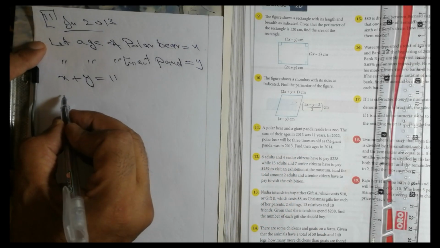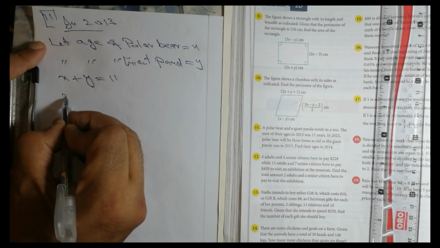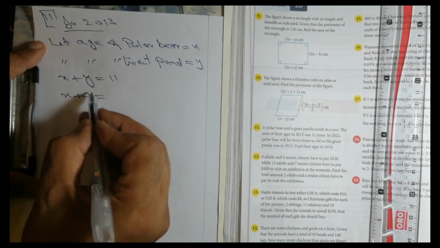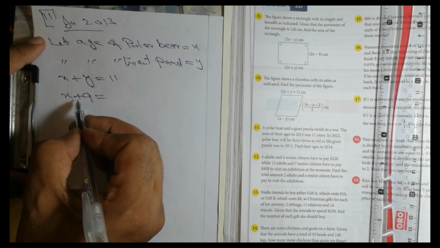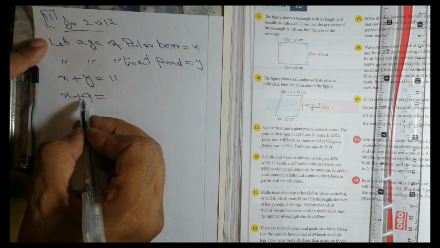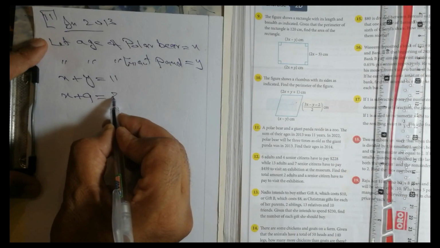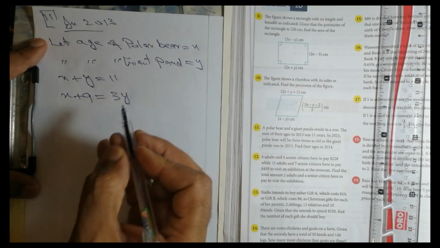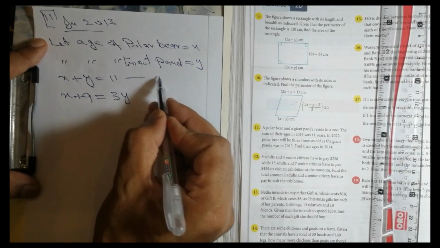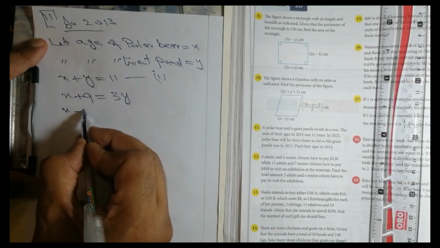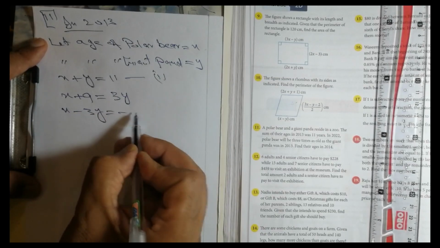So after 9 years means x plus 9, this is the polar bear's age after 9 years. He will be 3 times the age of the giant panda, 3 times y. So this was equation number 1, and this, first arrange it: x minus 3y equals minus 9.